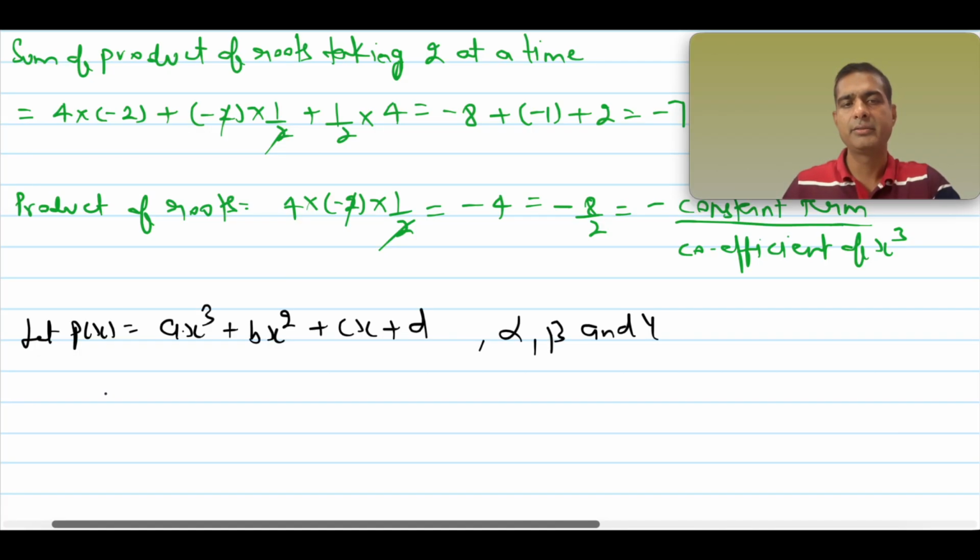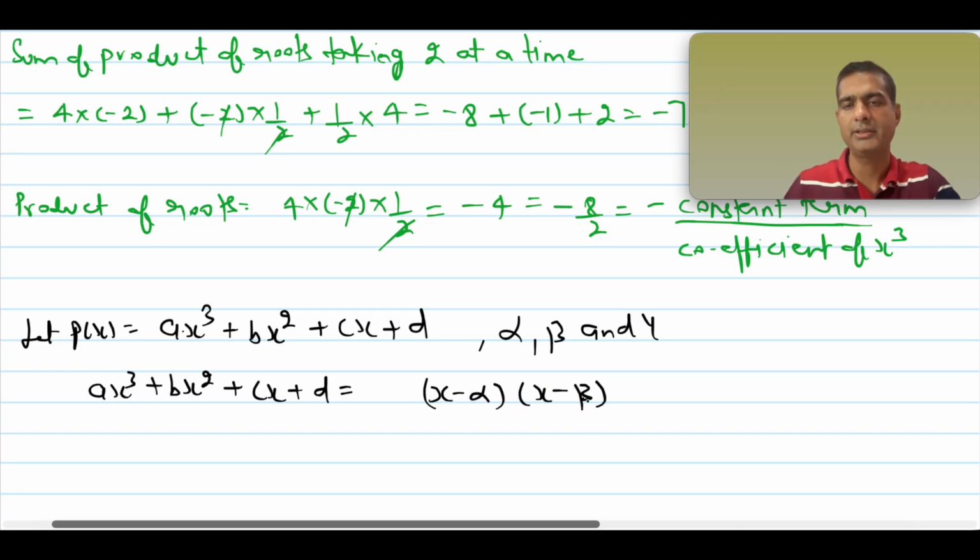So we can write ax cube plus bx square plus cx plus d will be equal to, as alpha, beta and gamma are the roots, x minus alpha, x minus beta and x minus gamma will be the factors. A cubic equation can have maximum 3 factors only, and just to equate the coefficients of same degree on both the sides, we will multiply by some constant k.